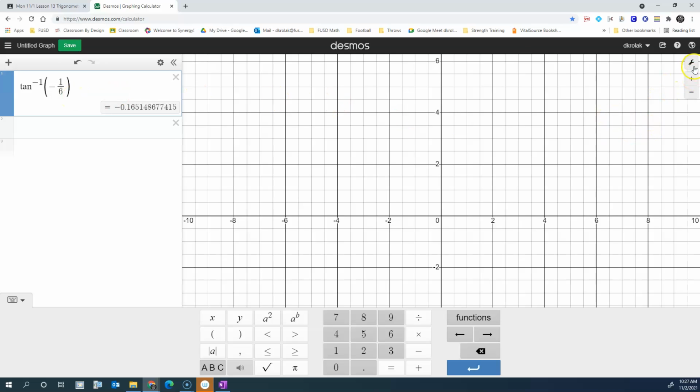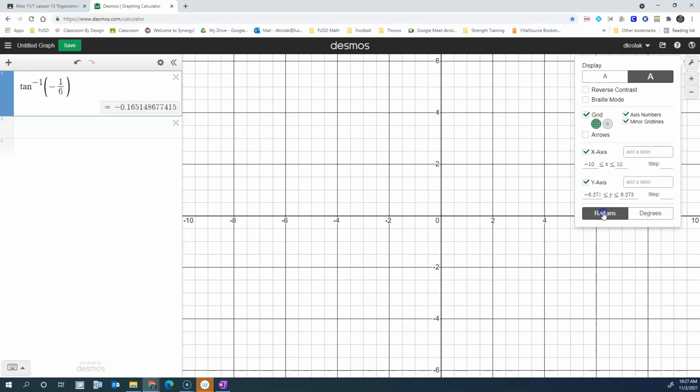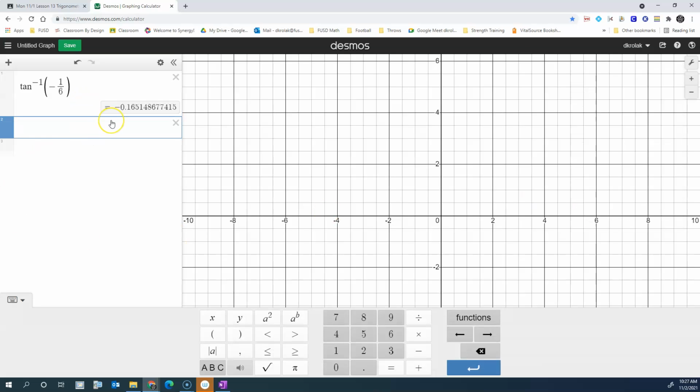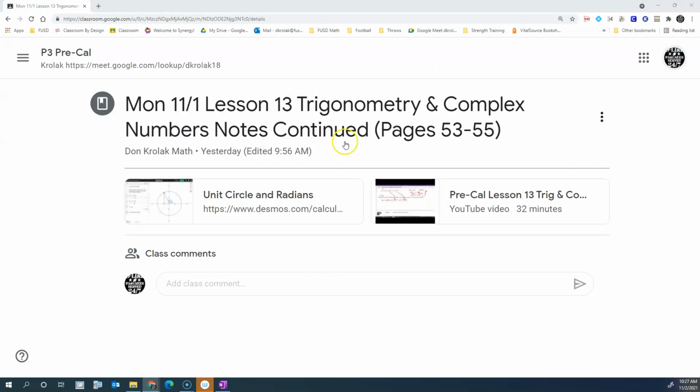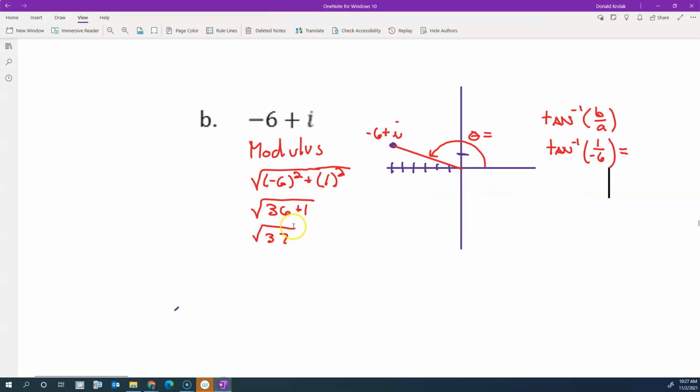Okay, and I want to make sure that I'm in radians. Okay, so let's see. All right, so the angle that came out of my calculator is negative 0.1.